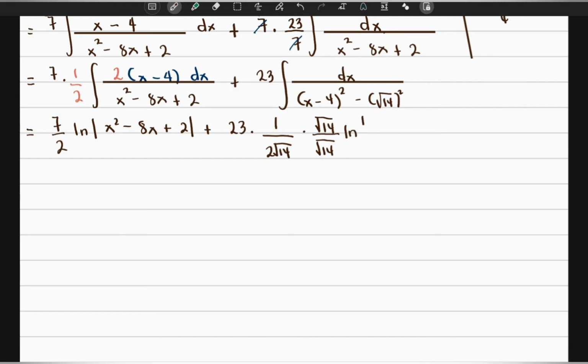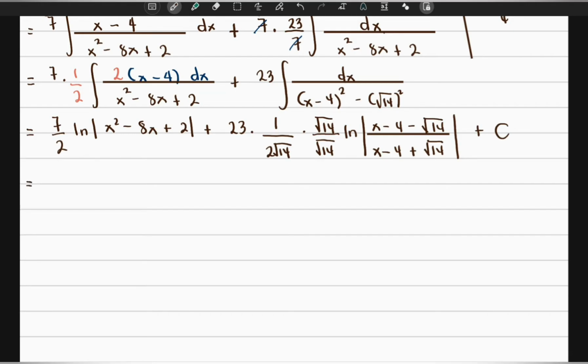So, we have ln of the absolute value of u minus square root of 14. Tapos, sa ilalim, we have x minus 4 plus square root of 14. And then, plus capital C.